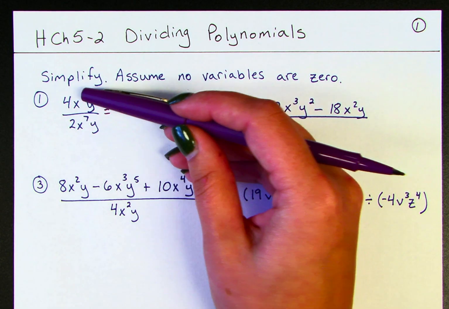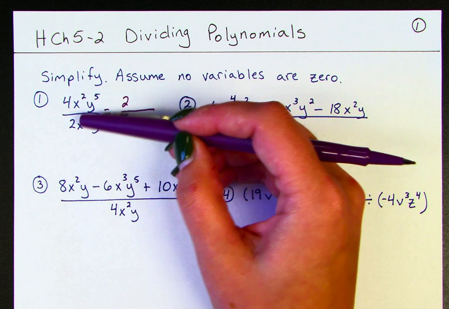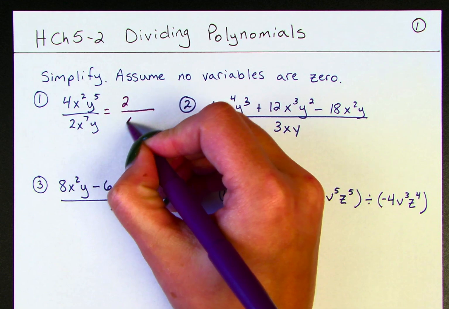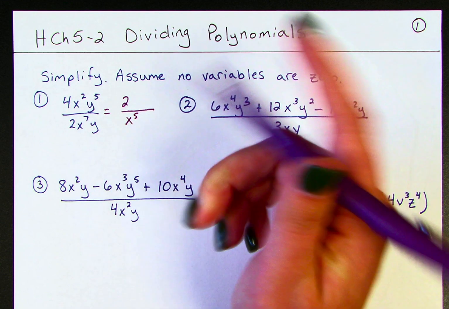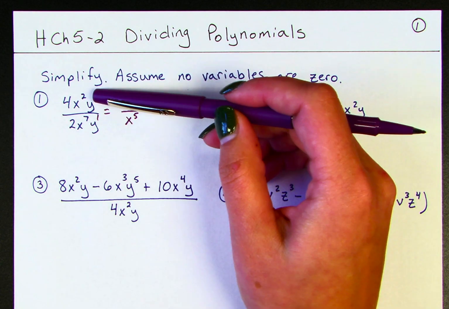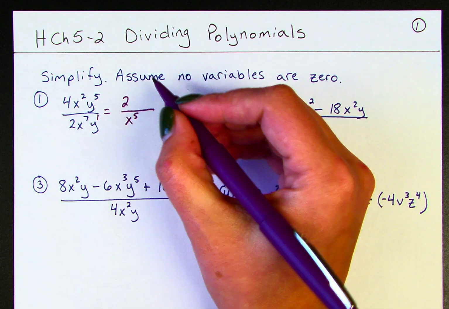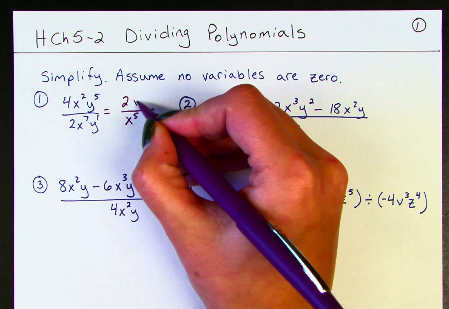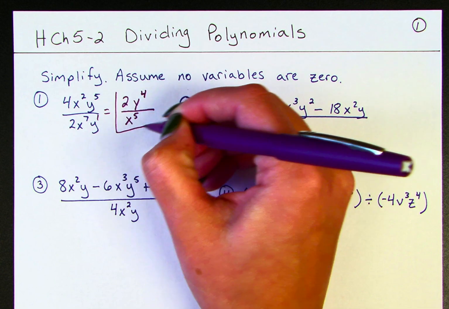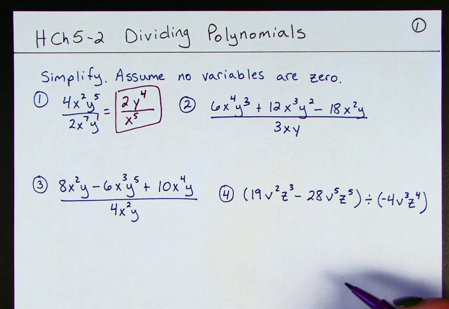So 7 minus 2 is 5, and then since there's 7 in the denominator, my simplified answer goes there. So I will have x to the 5th. And then on the y in the denominator, we're assuming there's a 1 there. So 5 minus 1 is 4. And there was more in the numerator, so that's where my simplified answer goes. So this would be my answer for that first problem.